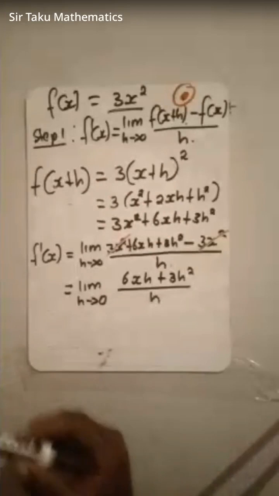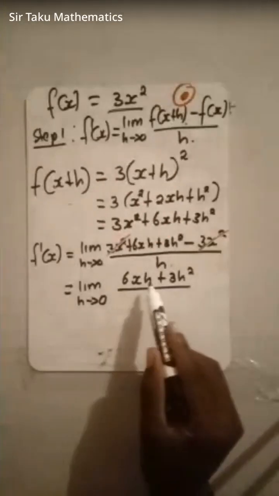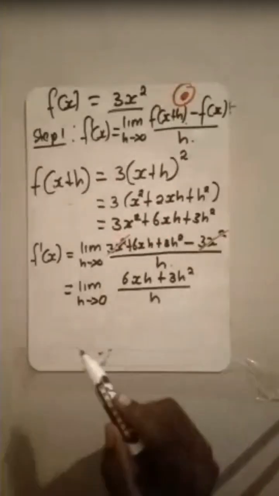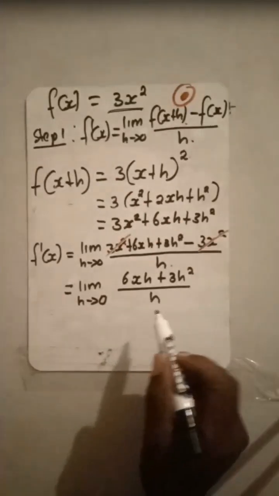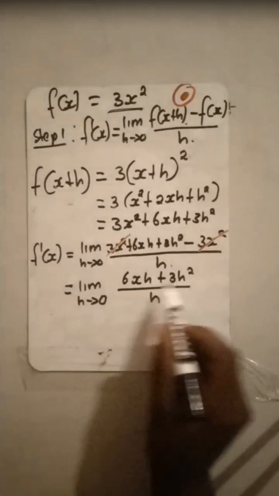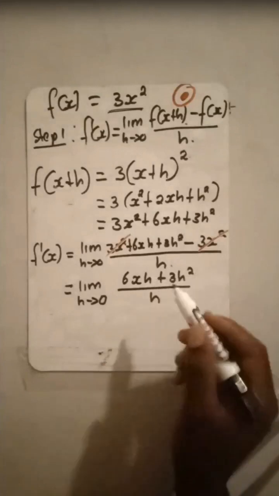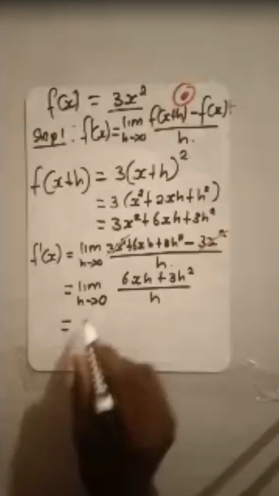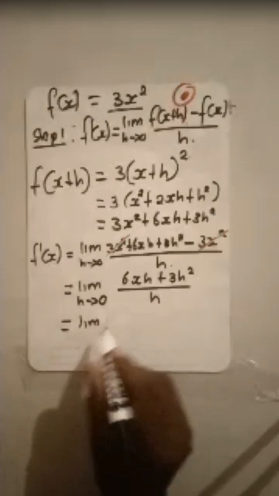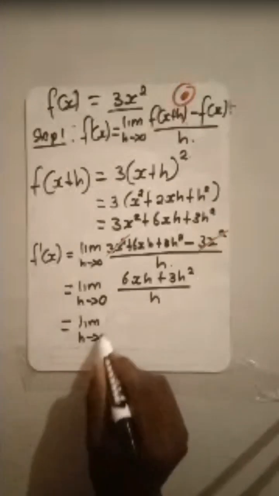Yes. On the numerator, the common factor is h. So we are going to take out h. That is why I said we integrate also what? Factorization. So here the factorization, we are going to factorize by taking out what? The common factor. So this is going to be equal to limit h tends to 0.